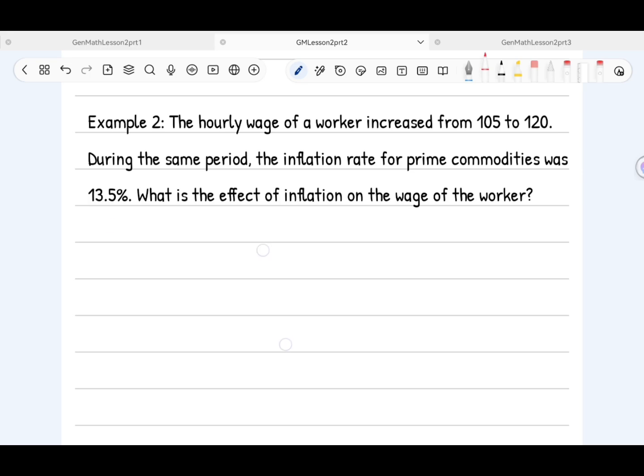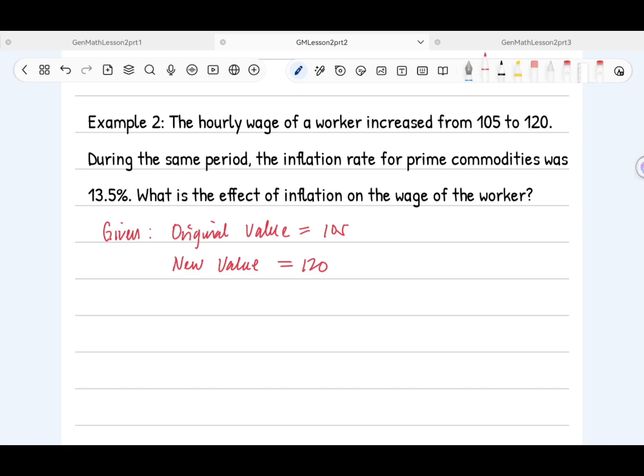Anyway, we have the given, we have the original price or original value, we have 105, and the new value, we have 120.